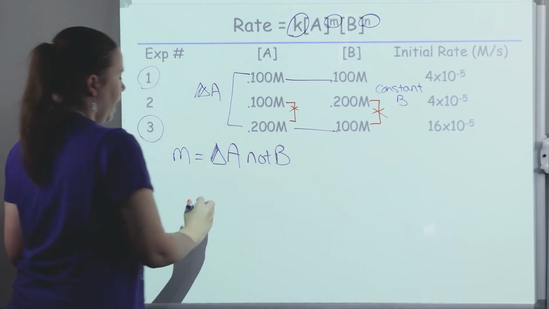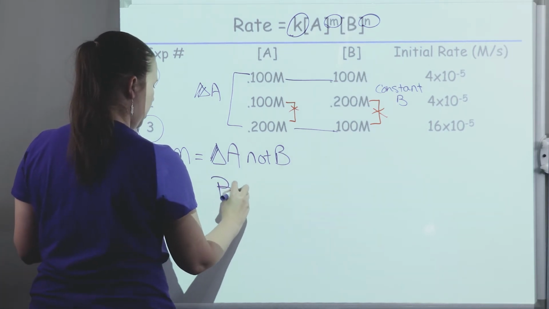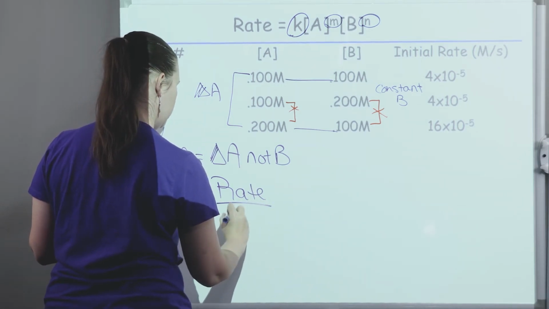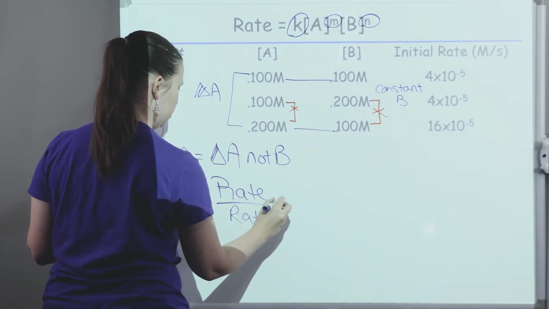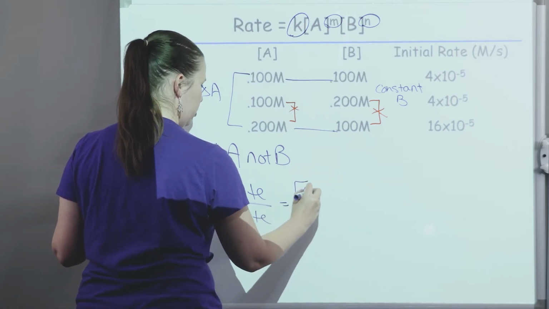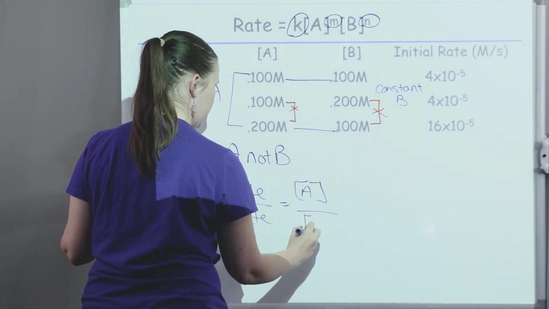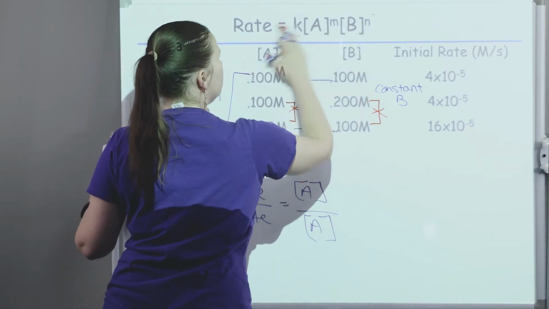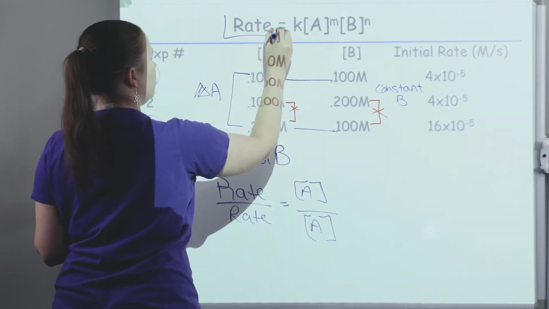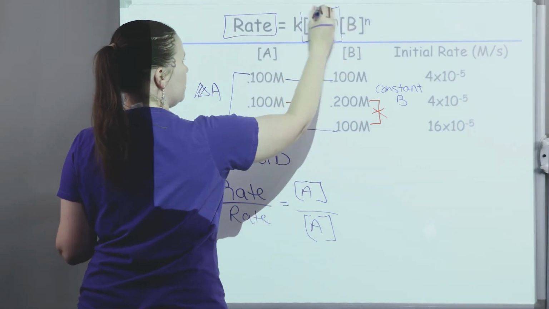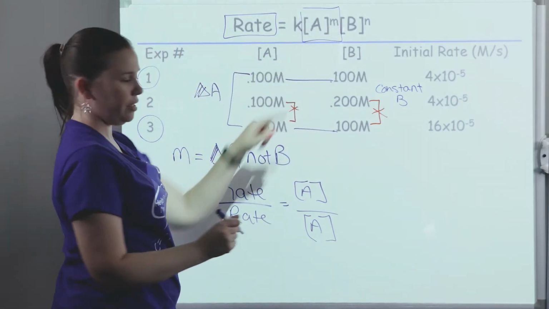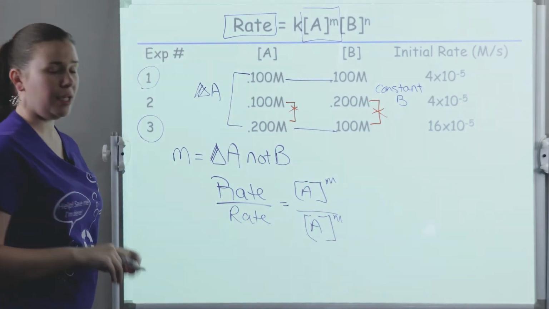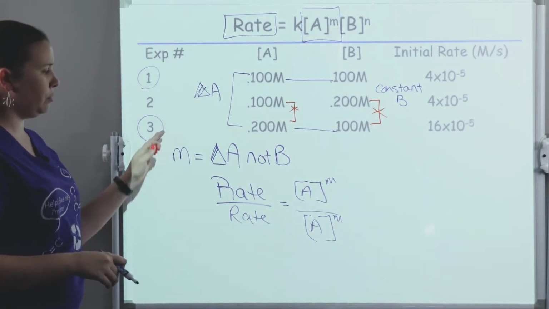What I want to do to calculate M is look at the comparison of their rates, a rate ratio, as the concentration of A affects it. So I'm basically finding a ratio of the rate to my A, but notice A is to the power of M. So actually M is my unknown when I'm solving for this.